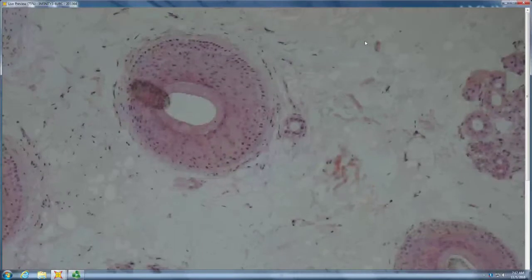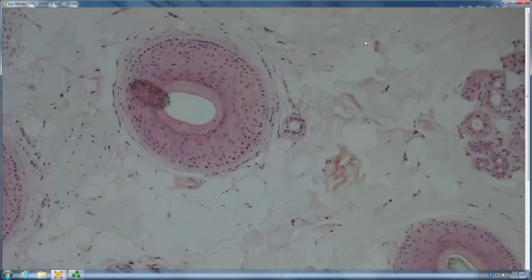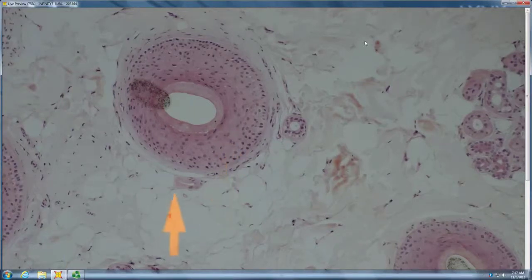The other thing, anything in the outer root sheath that would be a clue to alopecia areata? Tend to get lots of catagens. Especially in early AA, not in late, long-standing AA, but early AA you get lots of catagen hairs. So that can be a clue.